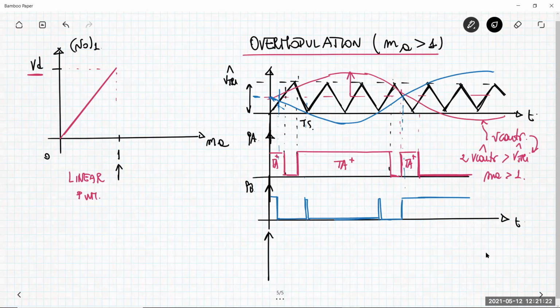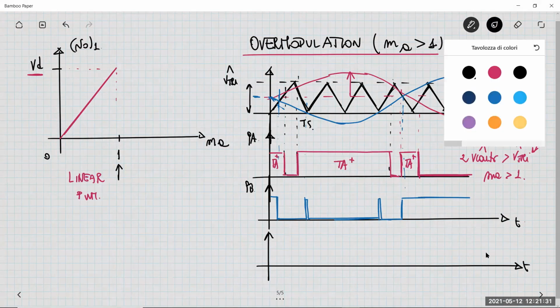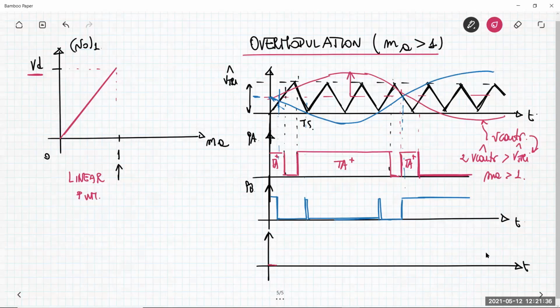The difference between the two, multiplied by the voltage VD, gives us the output voltage waveform. Something like this.